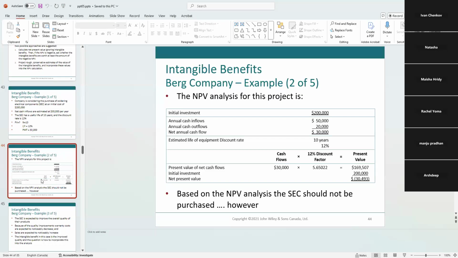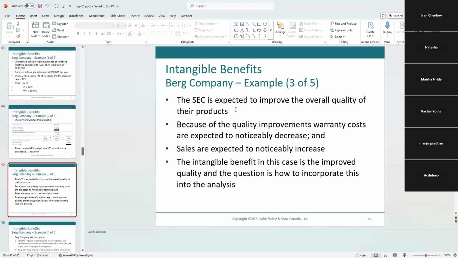The slide is going to suggest some twist. What will be the twist? Technically, at this point, net present value is negative. Now, they're expecting to improve the overall quality of the products. Because of the improvement in quality, they expect the warranty cost to go down. Also, they expect to increase the sales.